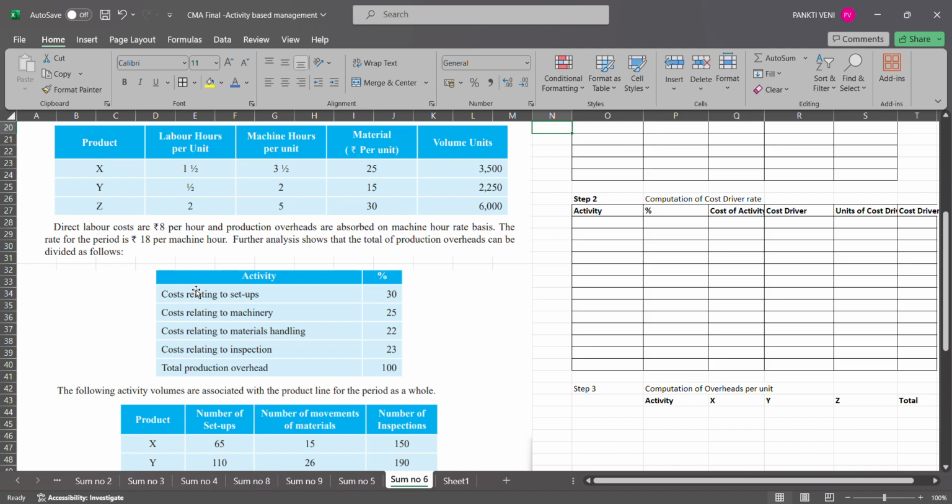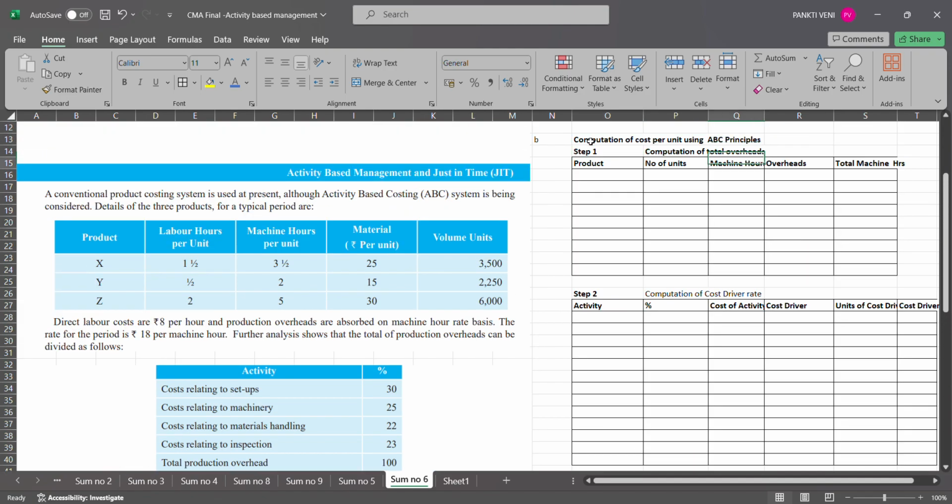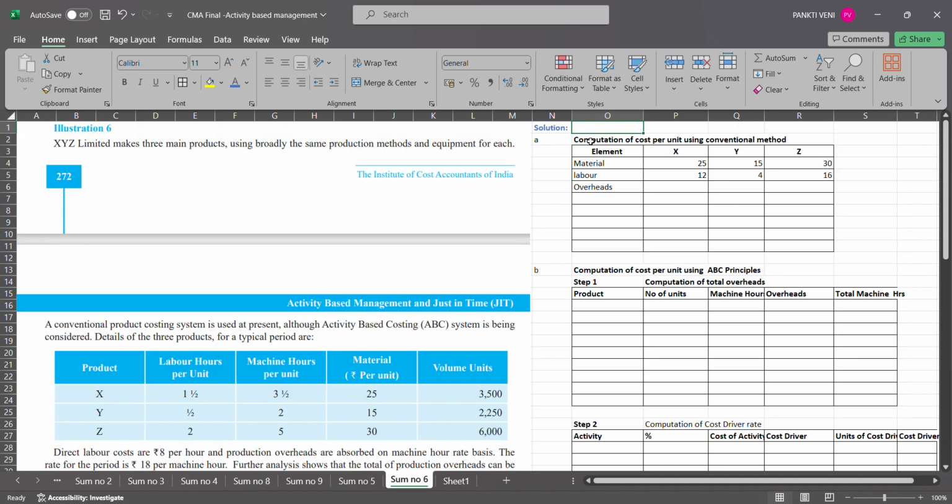So this factory is working on machine hour, and cost per machine hour is given to me. I'll take cost per machine hour and multiply with my machine hours. Cost per machine hour is 18, so 18 into 3.5, then 18 into 2, then 18 into 5. So this part is done.